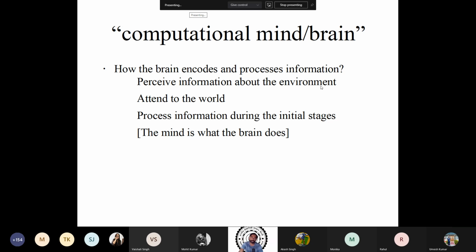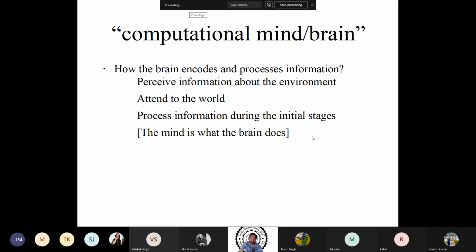Why, when we've perceived information from the environment, do we have to attend to a small part of it? We cannot attend to the whole information because then you will go crazy. You can't process everything, so you have to attend to a sub part of the environment and then process it in the initial stages, which is what sensation typically does. And in that kind of terminology, one way to think about the mind is to say, well, the mind is what the brain does.